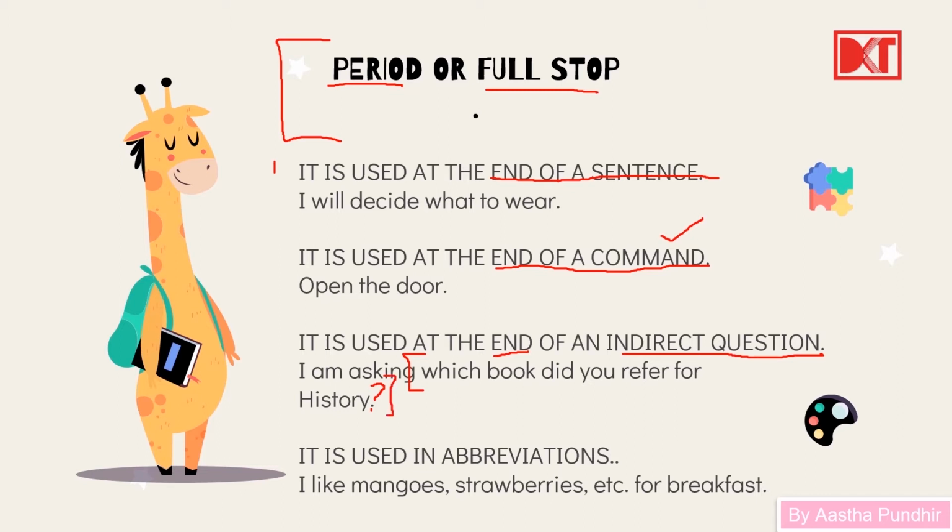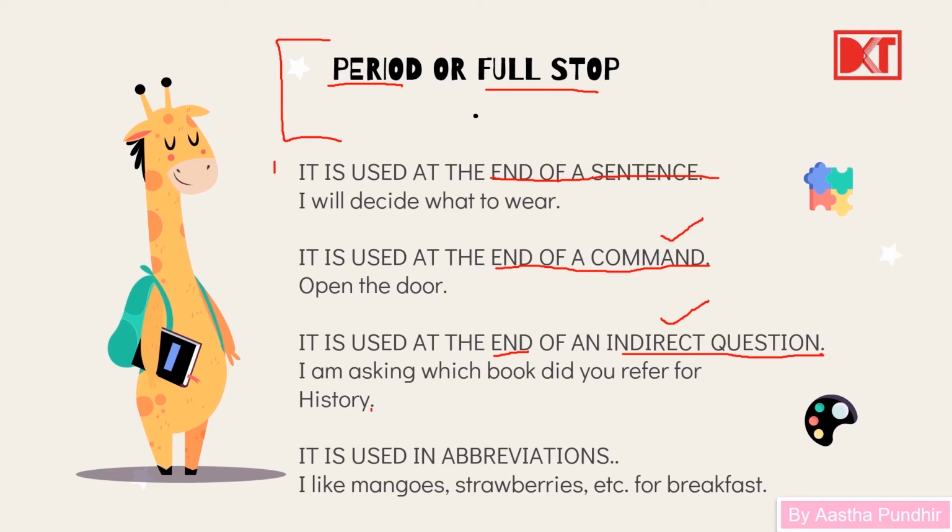But in the case of an indirect question, this is not a direct question, it is an indirect question where you say, I am asking which book did you refer for history. So this is an indirect question. Although it is a question, it does not really have a question mark because it is not a direct question. It is being asked in an indirect manner. So you use a full stop in this case.